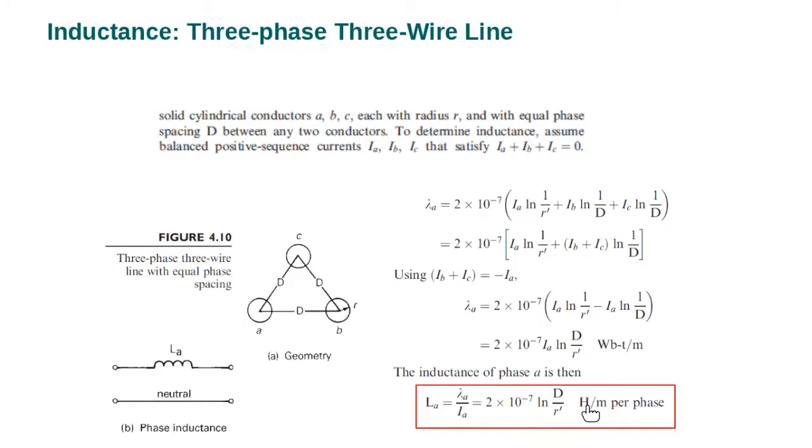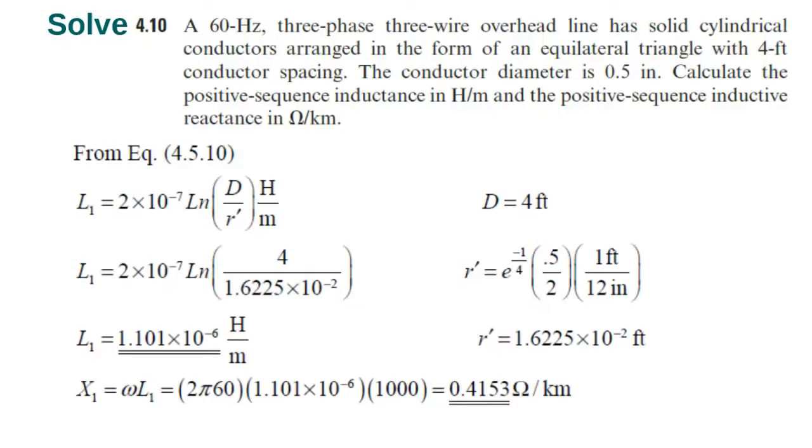So D and R prime should have the same units, whether you convert to feet, meter, inch, or centimeter. They must have the same units so you can cancel, and the result will be Henry per meter.